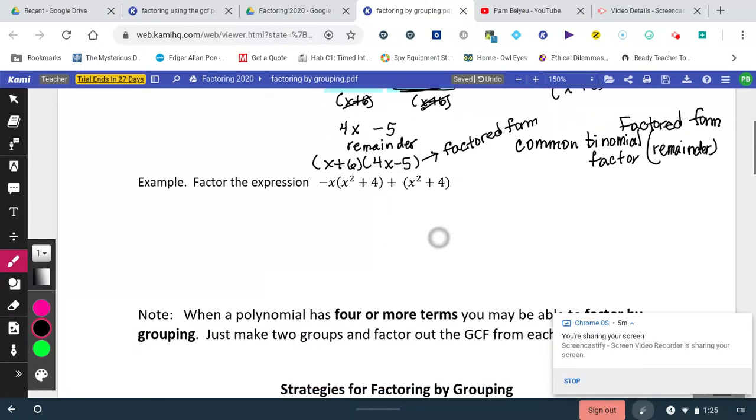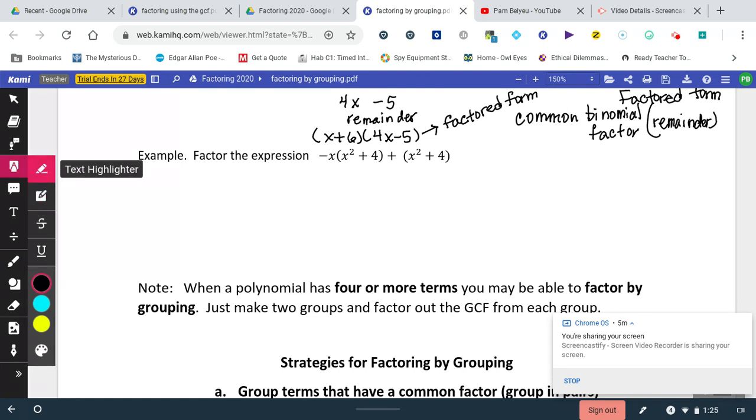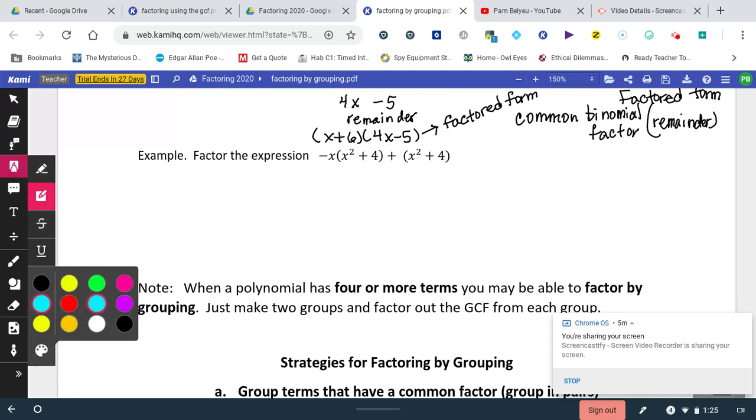Okay, let's take a look at this one. All right, you should see a common binomial factor. All right, so in each one of these, so here and also here. Okay.